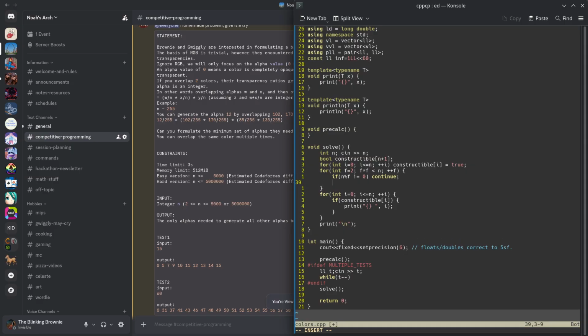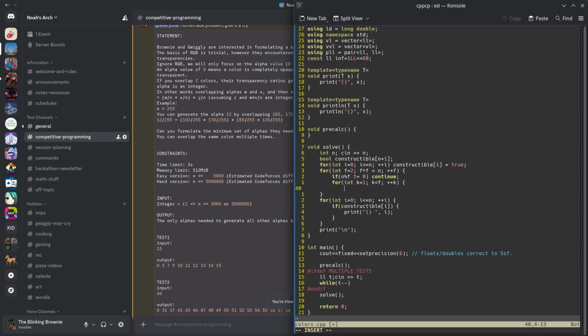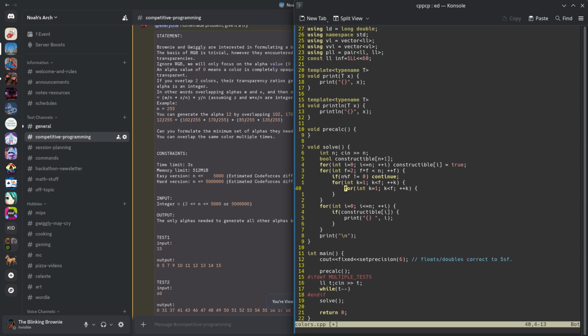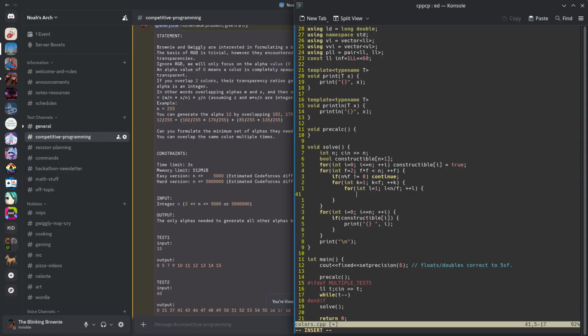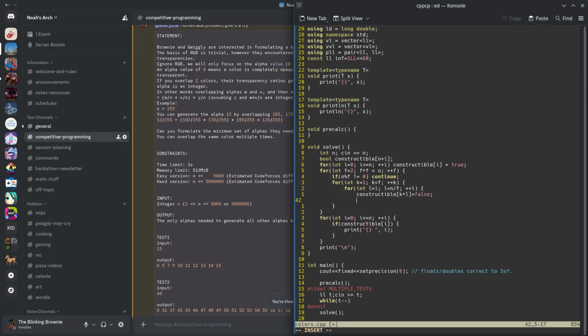Okay, and then we have to iterate k from 1 to f, and then same with l. It's n over f for this, and for all of them we have to set constructible of k times l to be equal to false, and then that should be it.